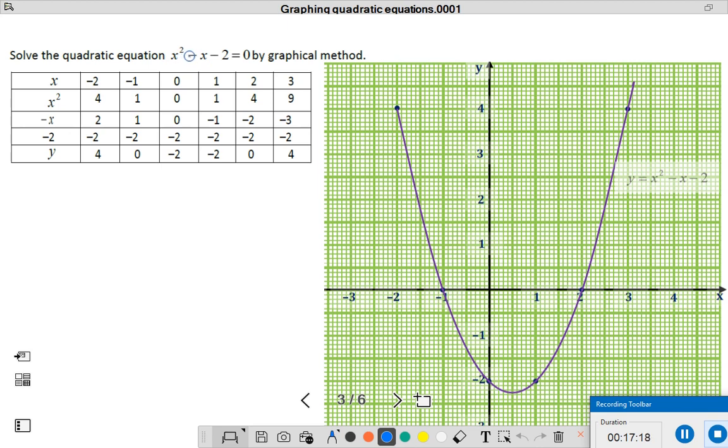We may have two values. Where the curve cuts the x-axis is our first solution, and the second solution is where the curve cuts the x-axis again. So we shall be having the values of x.